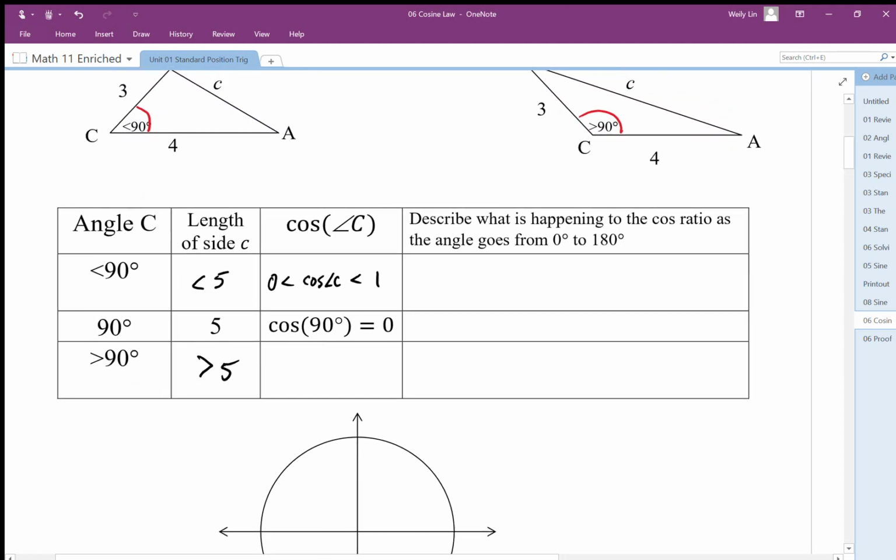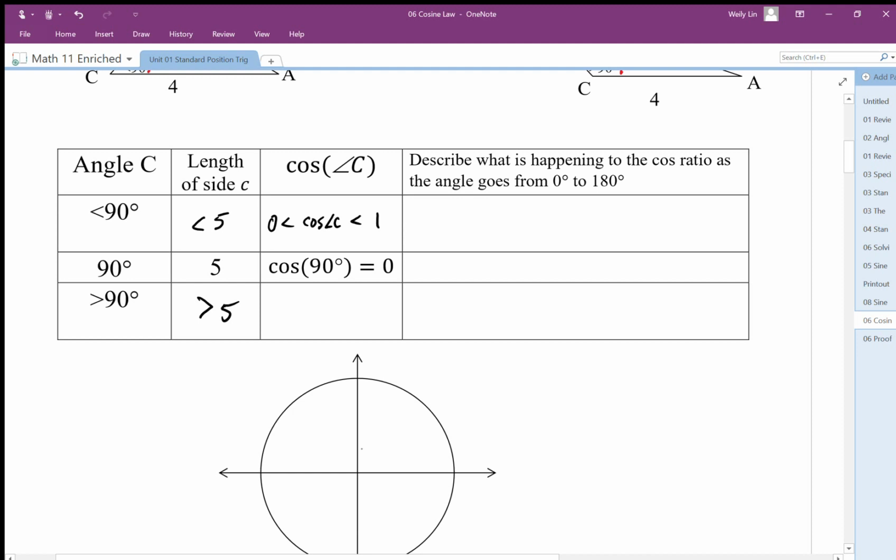As we get past 90 degrees, remember that the cosine values are negative, so we're going to end up between negative 1 and 0. This is going to be a negative amount.